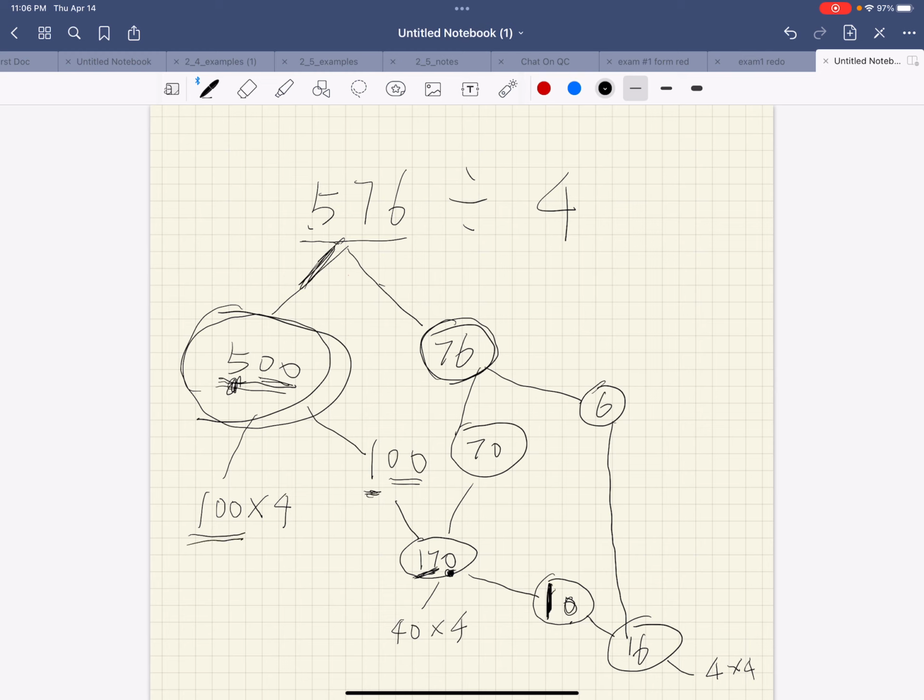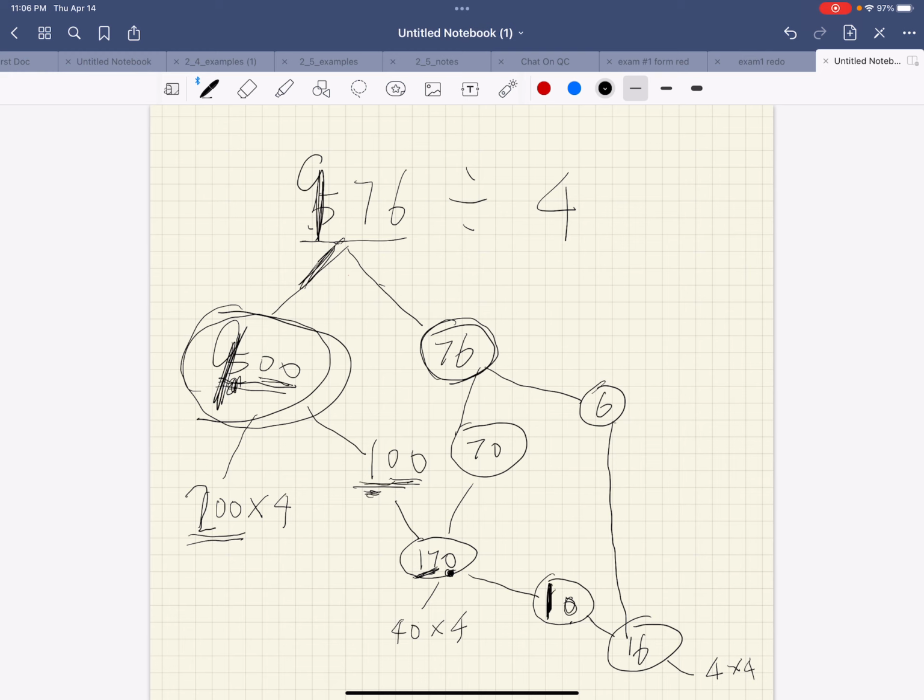If this is not 500, if it is, for example, 900, I can immediately take 200 small bags out, and the remaining again is 100.